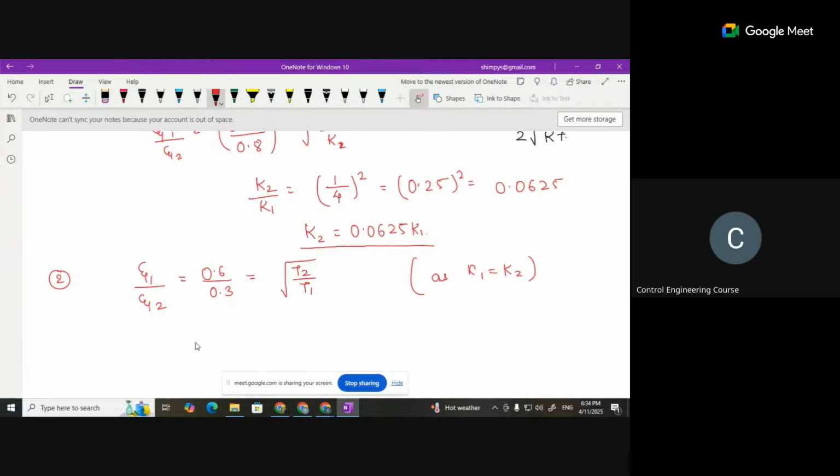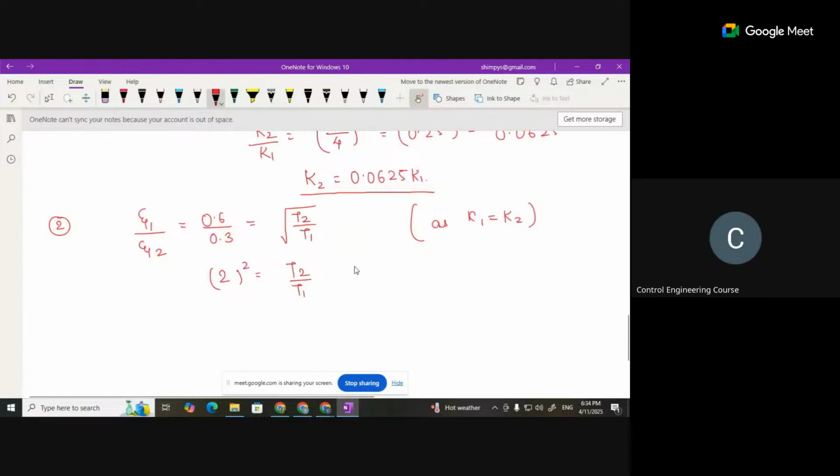So how much are you going to get? This will be 2. So T2 by T1 is 2 square, and on solving this, what you'll get? T2 is equal to 4T1. So T2 must be increased 4 times to reduce zeta to 0.3. Do you get it? Yes, ma'am. Okay.